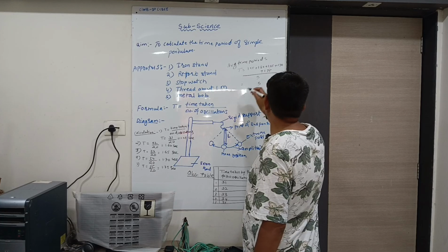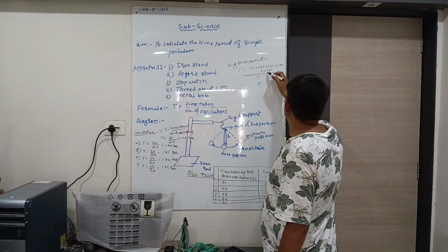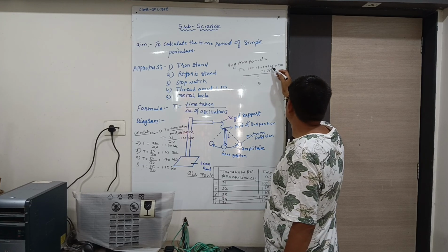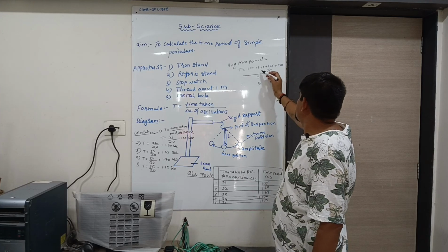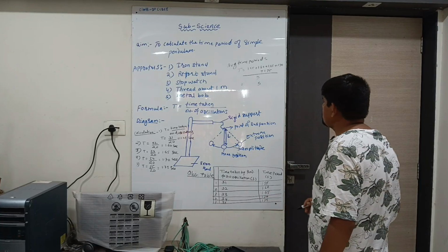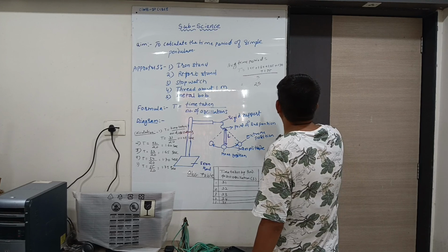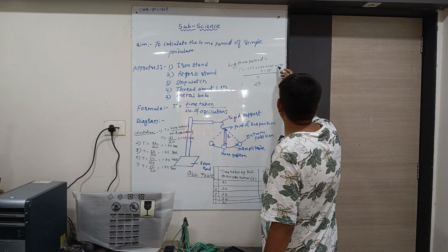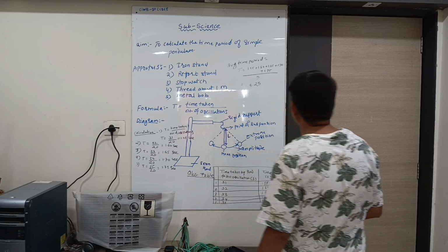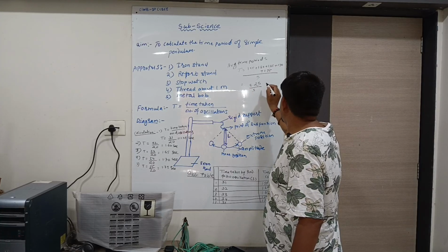So it is 5, carry 1. 7 plus 1, 8. 8 plus 7, 15. 15 plus 6, 21. 21 plus 6, 27. 27 plus 5, 32. Carry 3. 3 plus 1, 4. 8.25 divided by 5.